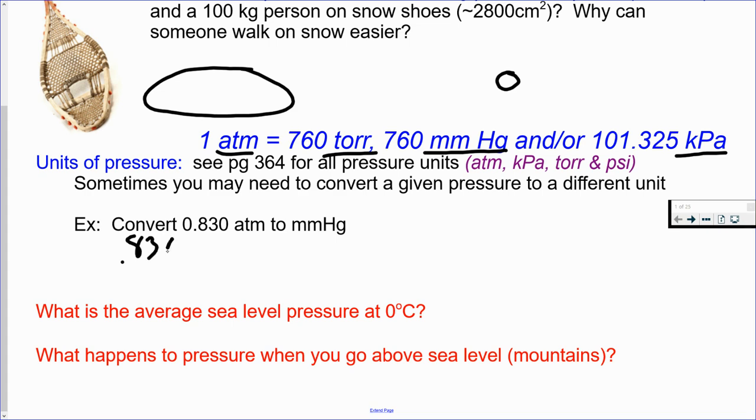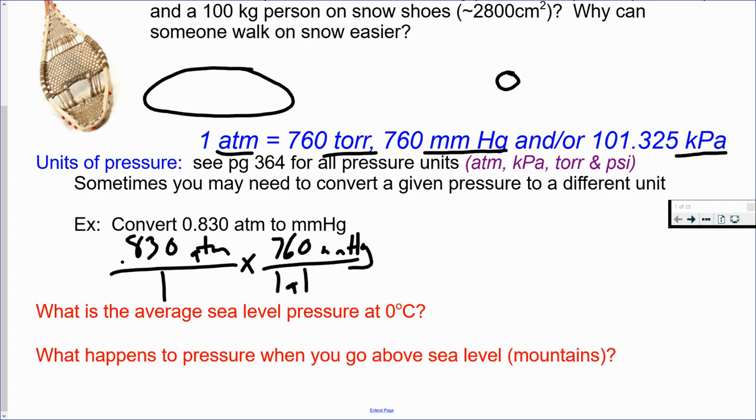That's 0.830 ATM, which stands for atmospheres, over 1 times. Now, we're trying to get to millimeters of mercury, so it's going to go up top, 760 millimeters of mercury over 1 atmosphere. We're going to multiply that across, and you're going to get 3 sig figs because our given was in 3. That would be 631 millimeters of mercury.